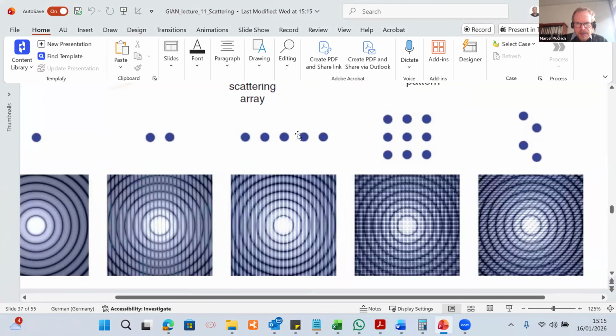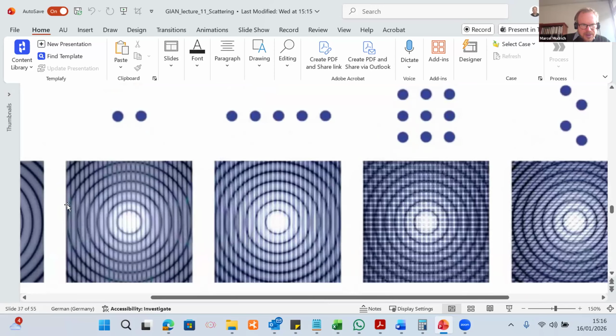And for a more periodic array of these apertures, the more pronounced the periodic pattern becomes, and the less pronounced the circular pattern from the elementary aperture. But what we saw in your distribution, wasn't it just the pattern from the double aperture? So that makes good sense.